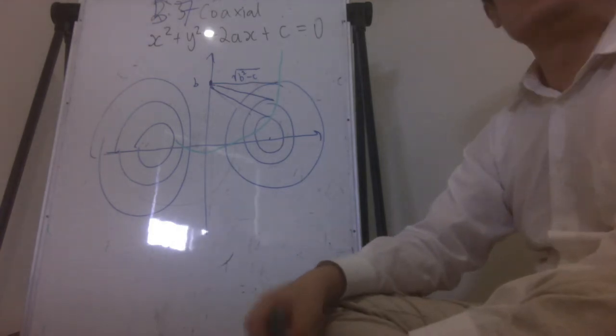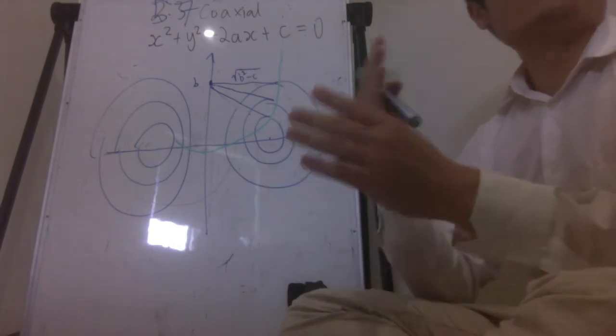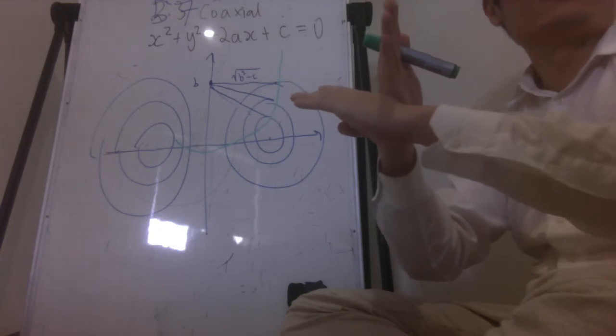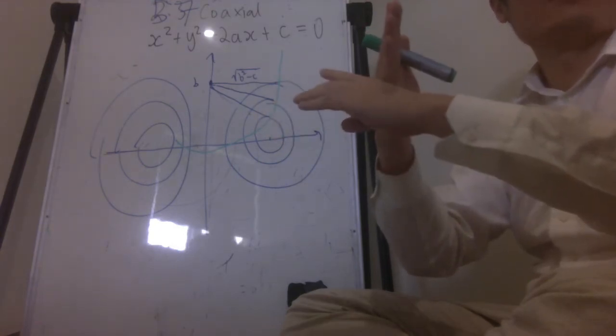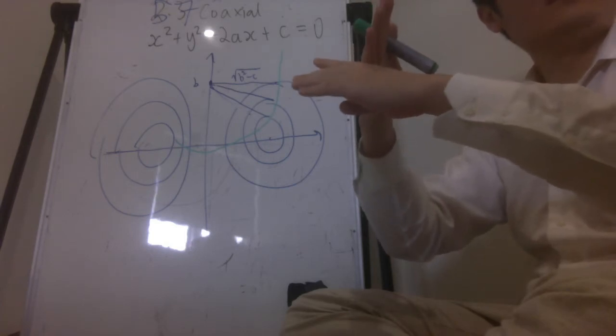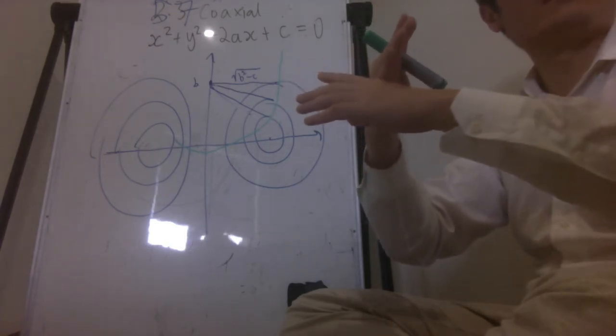So, the word orthogonal. If two straight lines intersect, they make an angle. If a circle intersects a circle, at the point of intersection we take the two tangent lines and use that angle as the angle of intersection.